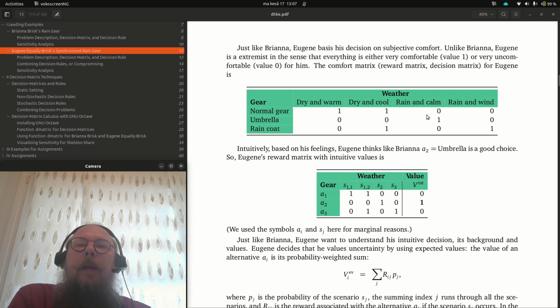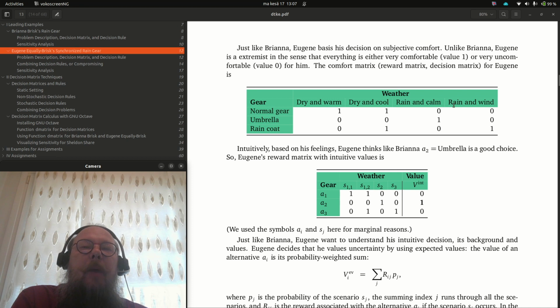So let's analyze a little bit what are the numbers that I have chosen there. So again, I emphasize there is no mathematical formula that gives you the decision matrix. You have to figure it out somehow. So this requires some creativity. So normal gear is comfortable for dry weather, so dry and warm 1, dry and cool 1.